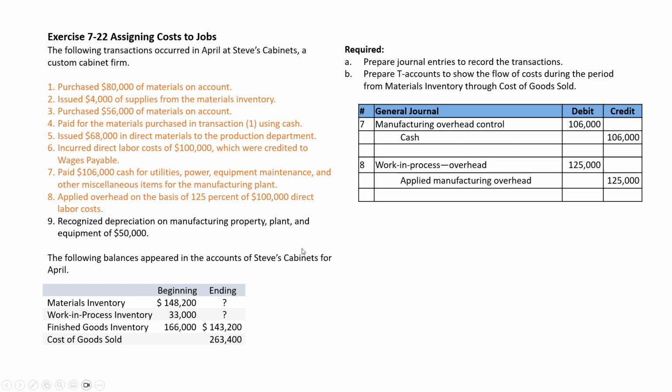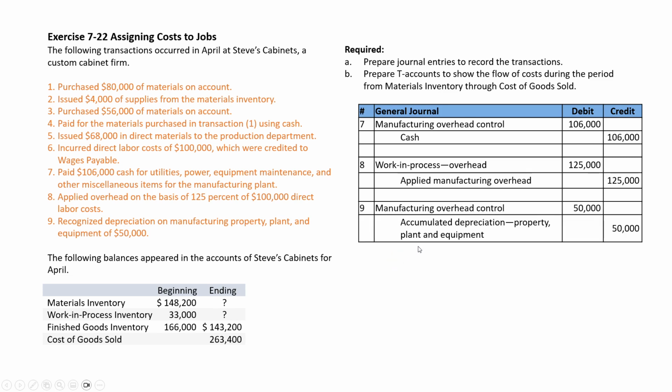The last journal entry we have, we're almost in the home stretch, is recognizing depreciation. Thinking back to your intro to financial accounting class or even your intermediate financial accounting class, usually when you looked at depreciation, you debited depreciation expense and credited accumulated depreciation.